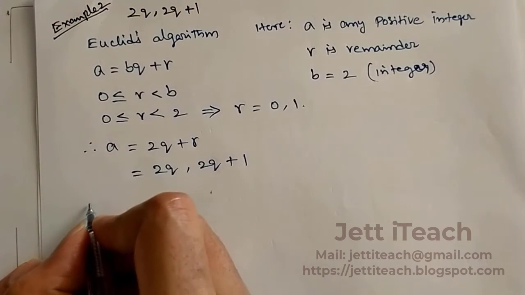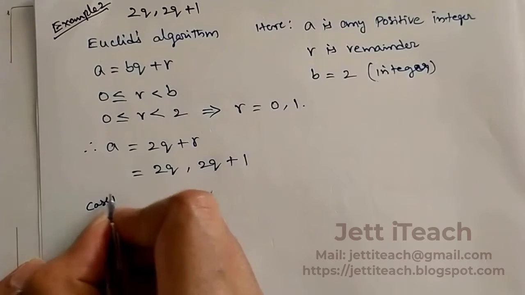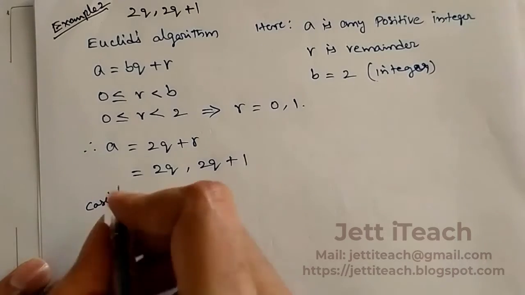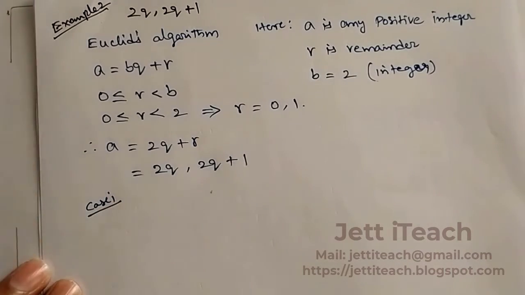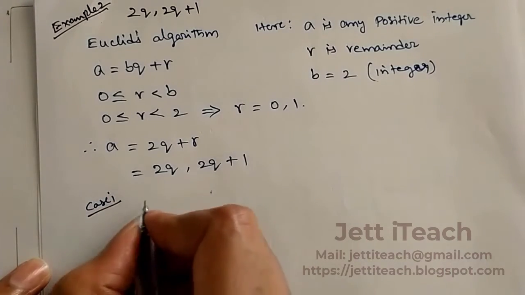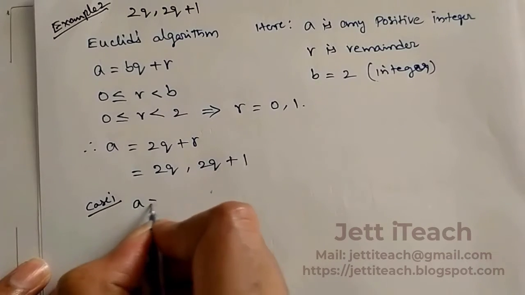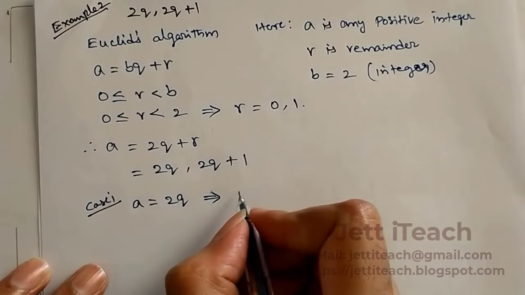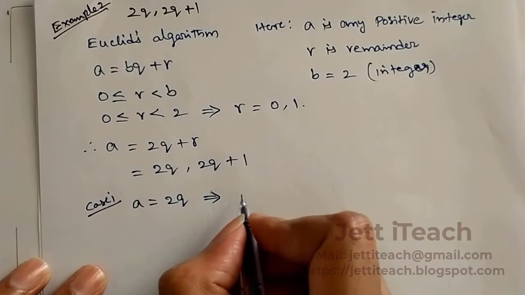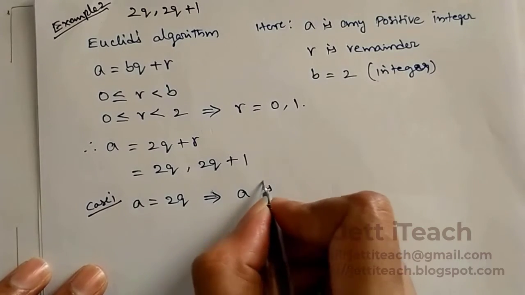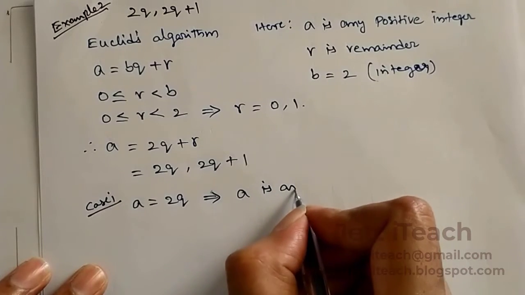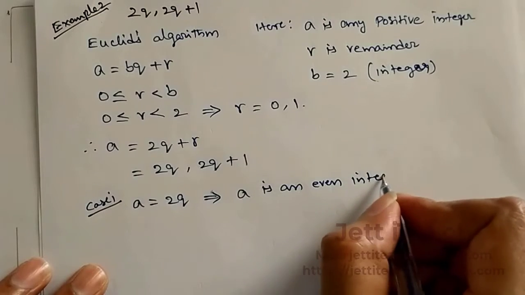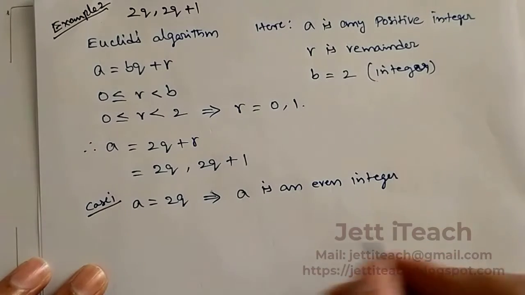Case 1: a equal to 2q. a is an even integer.